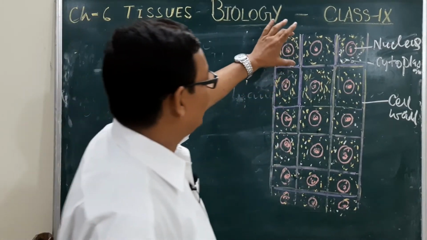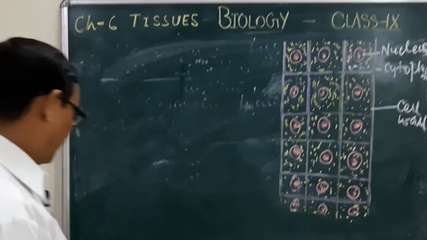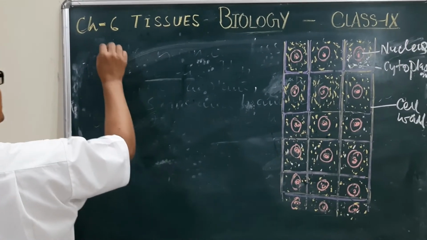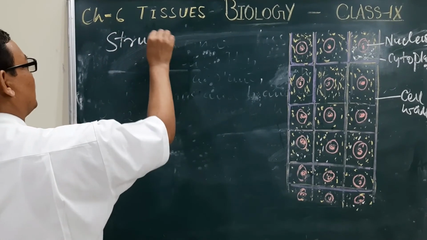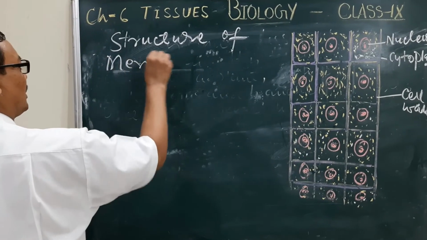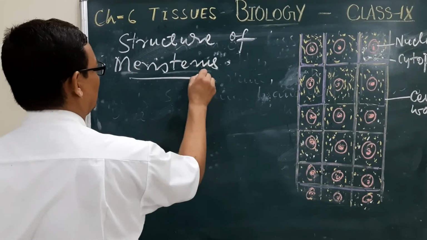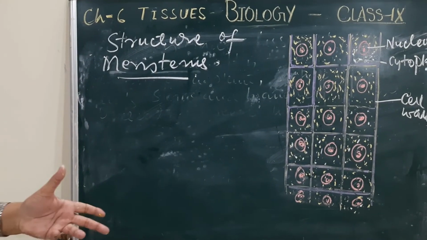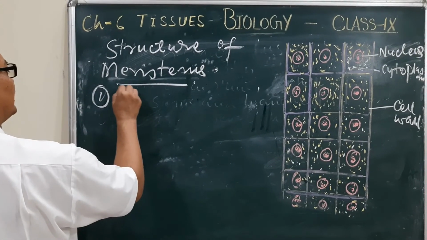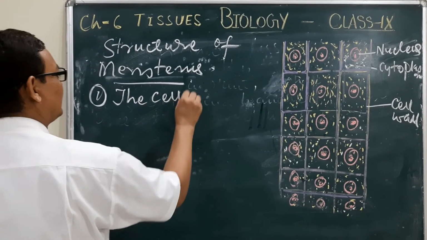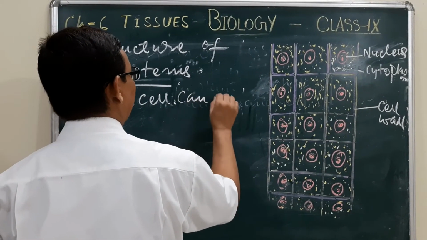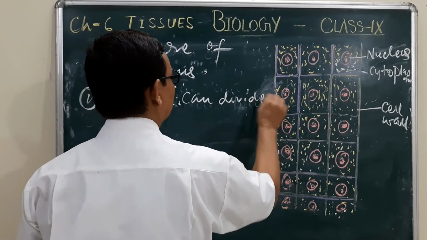When you start writing about the structure of meristems, there are several points you may conclude from this diagram. First, we can write here: the cell can divide.